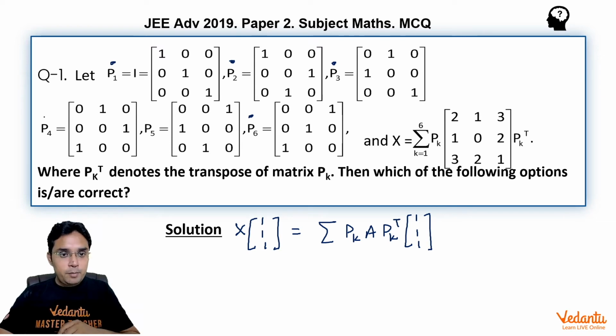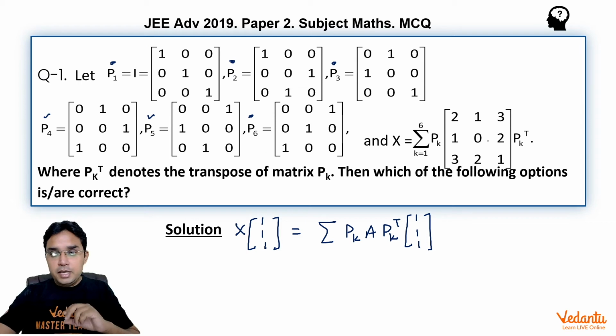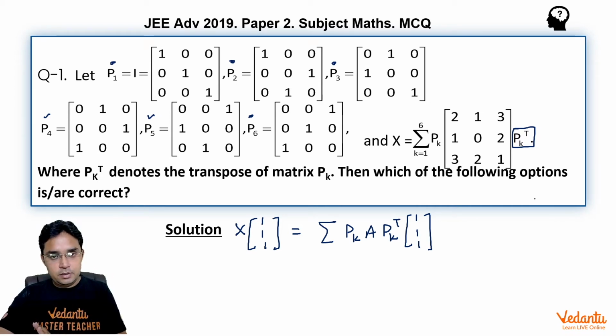And P4 and P5 are transposes of each other. Which means if I consider this Pk transpose, it will give us all these matrices P1 to P6, maybe in some different arrangement, but all of P1 to P6 only.